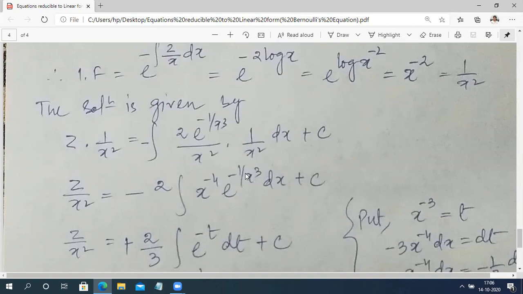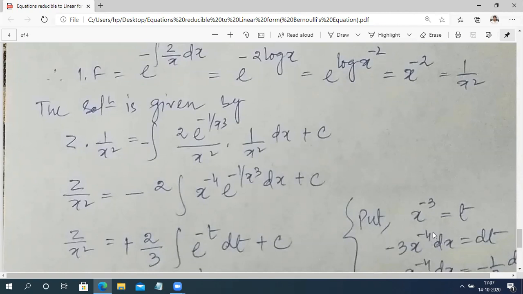Minus 1 upon x cube means e raised to the power minus x to the power minus 3. Now substitute x to the power minus 3 equal to t, then what will happen?